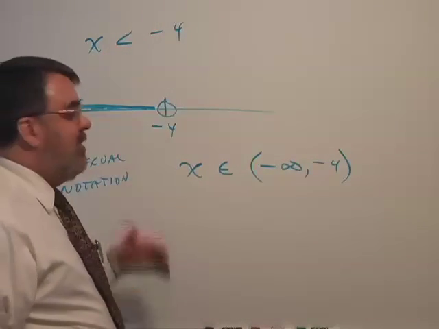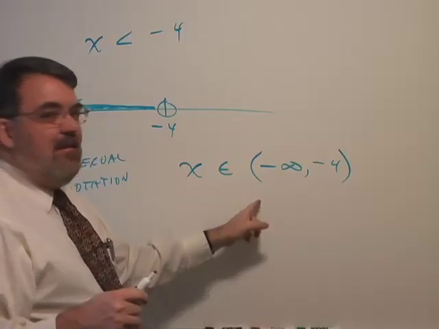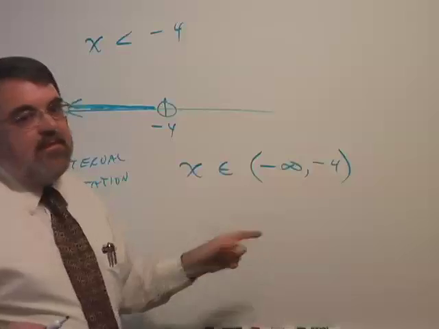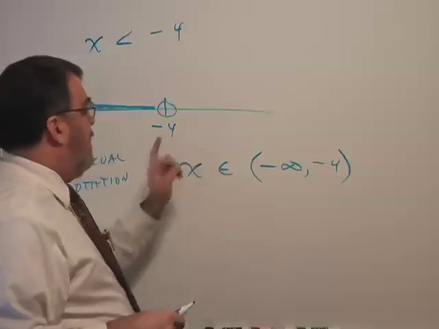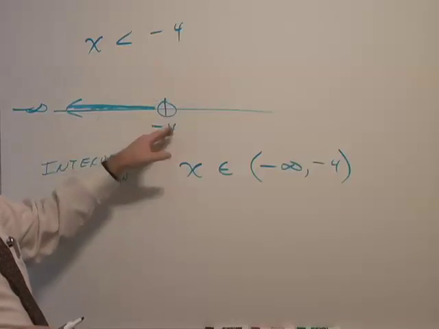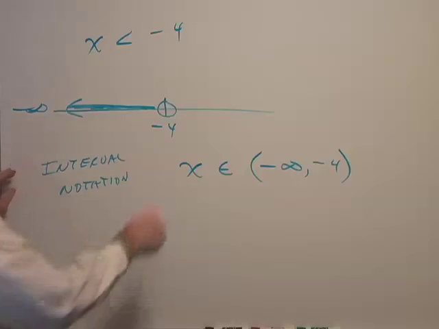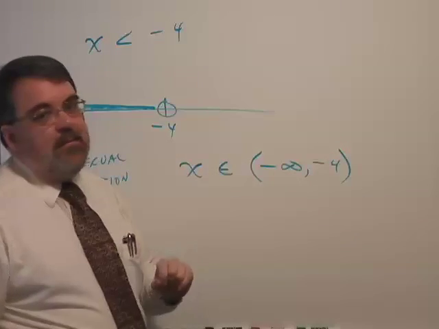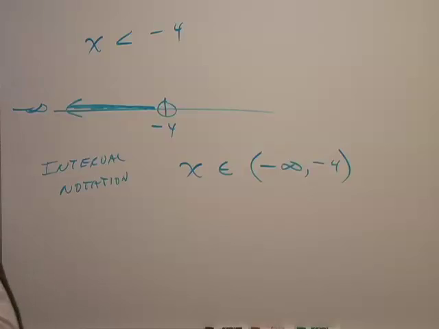And you always, without exception, enclose an infinity, either positive or negative, with a parenthesis. Now the -4 has a parenthesis because it's not equal to; it's just less than -4. So open circle, less than, gets an open parenthesis. There it is, the interval notation for x is less than -4.